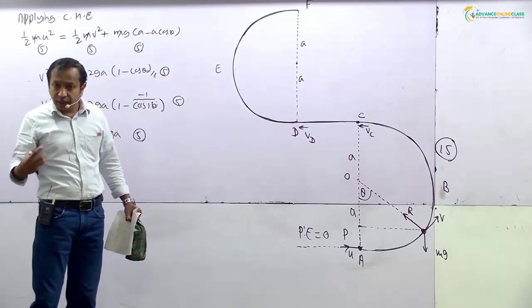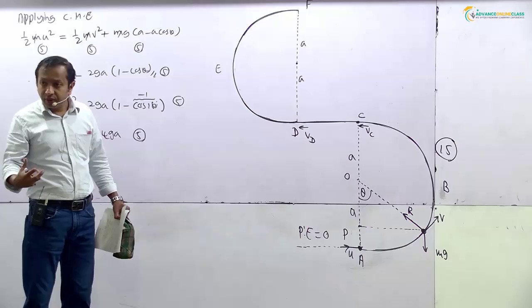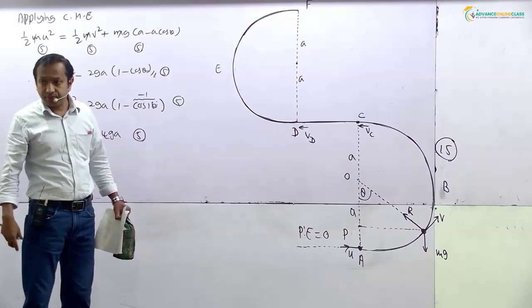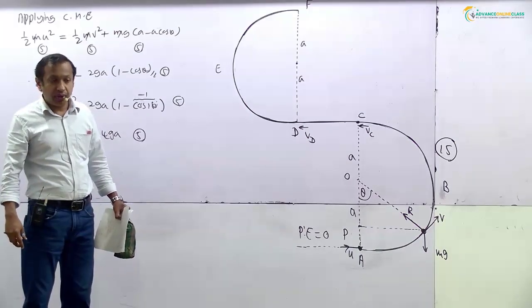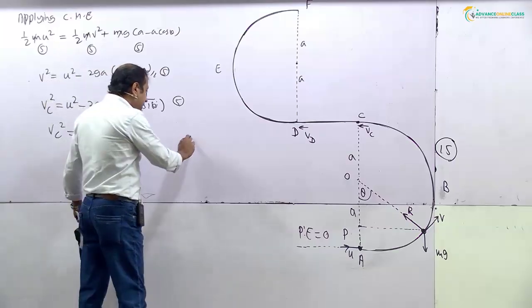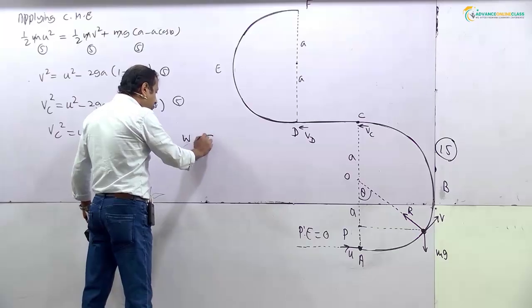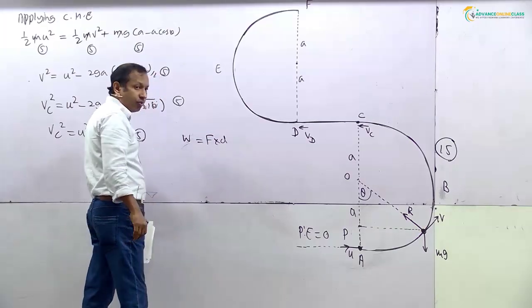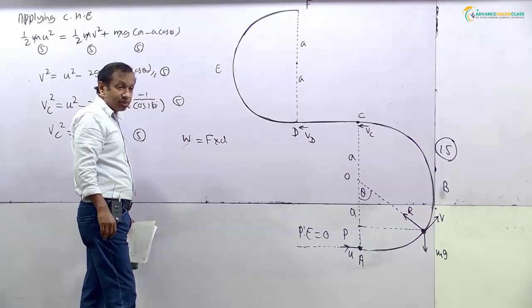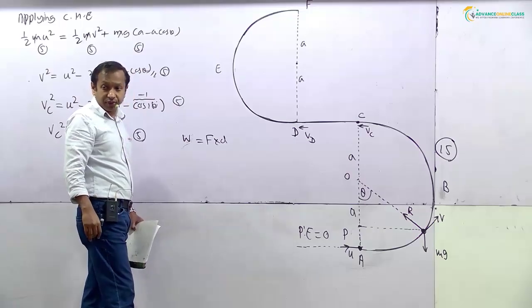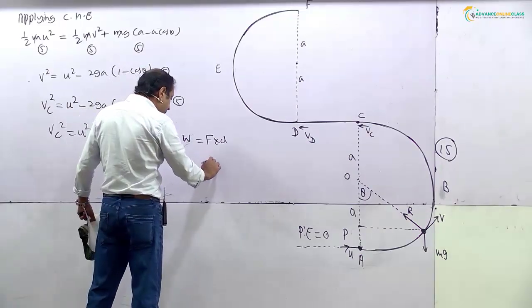The kinetic energy spent to move against the friction. Understand? Okay, you know, the work is defined to be what? The work is defined to be F into d. F means the force. In this case, force is what? Friction. Frictional force is given by what? Mu R.